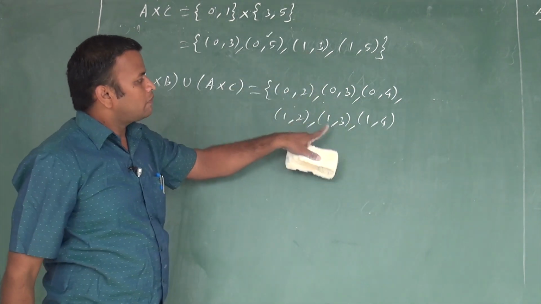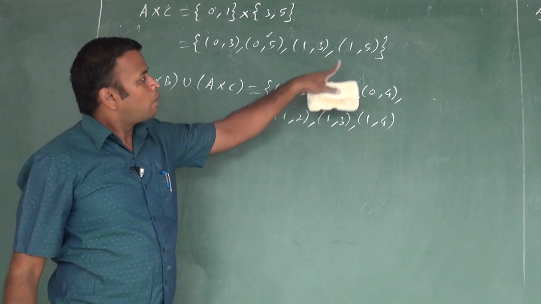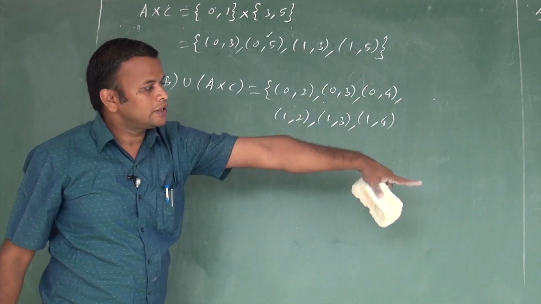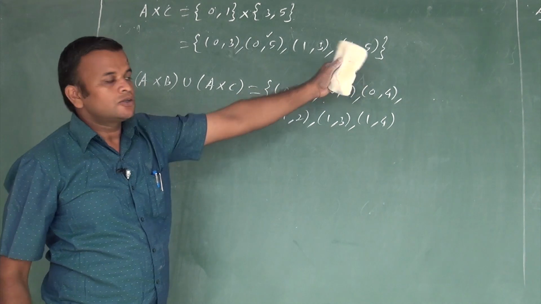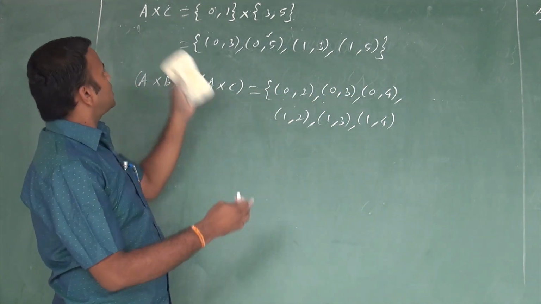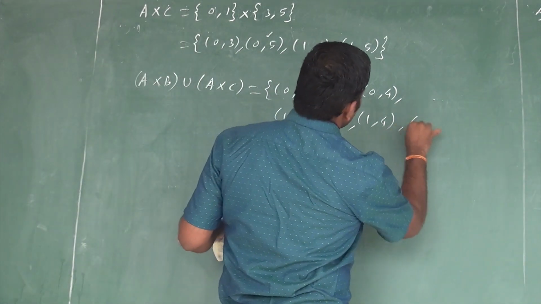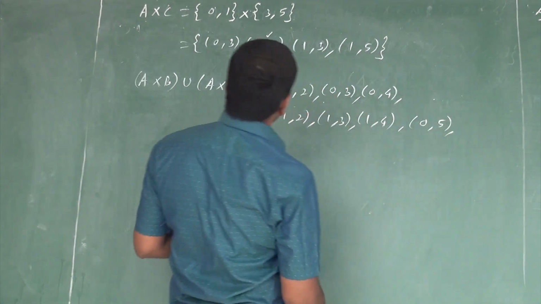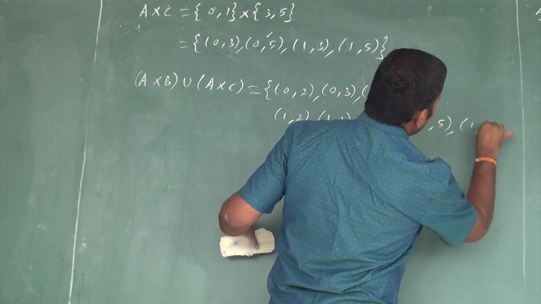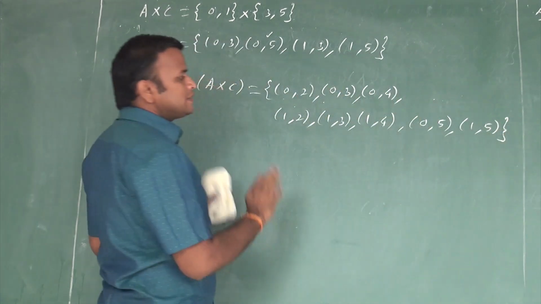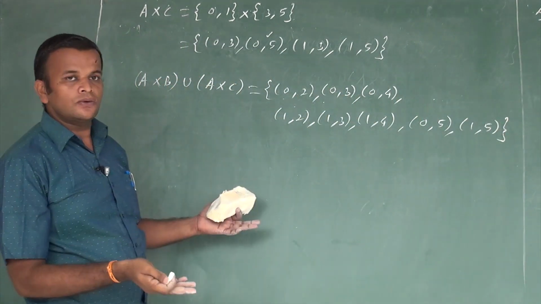Next, 1 comma 3 we already wrote. 1 comma 5 does not lie in A cross B, so it was not written. The missing ordered pairs in A cross C are 2: 0 comma 5 and 1 comma 5. It's enough. We put it as equation 2.